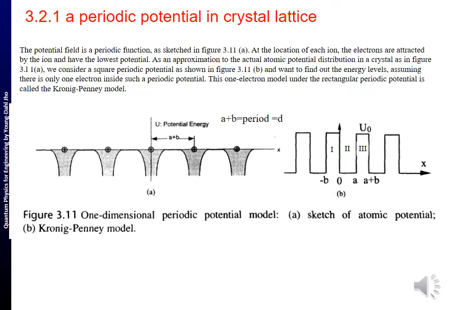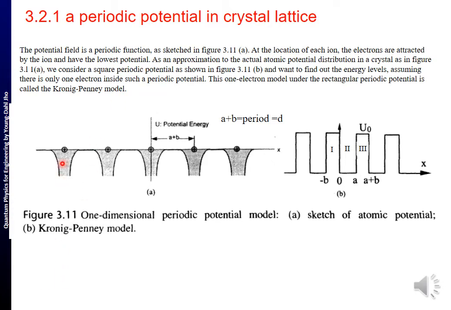So let's discuss the periodic potential here. The potential field is a periodic function as sketched in figure 3.11a. At the location of each ion, we use the term ion now, the electrons are attracted by the ion and have the lowest potential because there is Coulomb attraction between the electron and the ion.